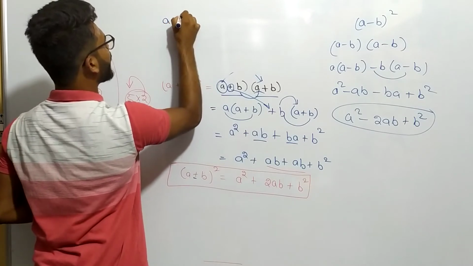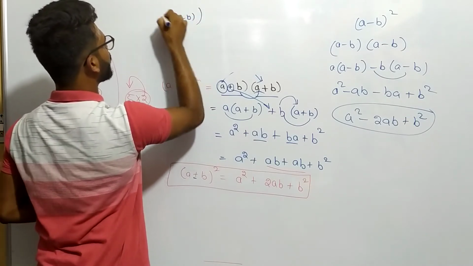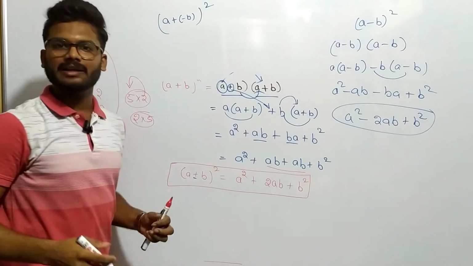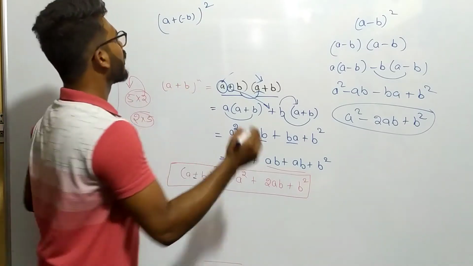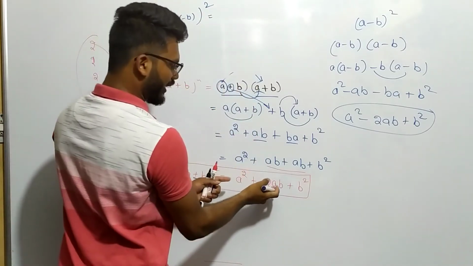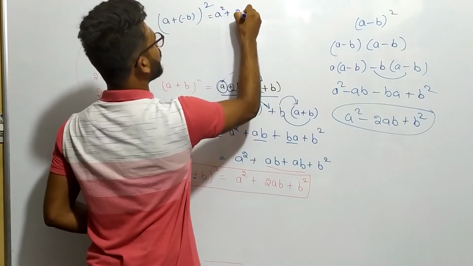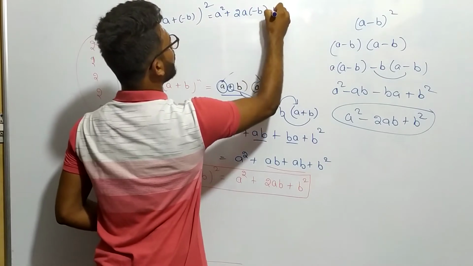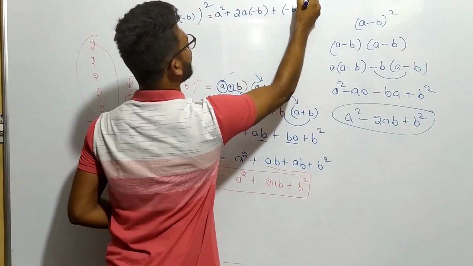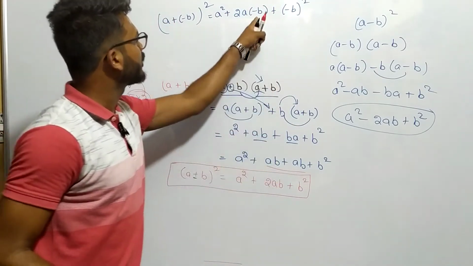I can write it as a plus of minus b whole square. A plus minus b is nothing but a minus b, right? So in the place of b, I have to write minus b. What is the formula? a square plus 2ab plus b square. In the place of b, I have substituted minus b.